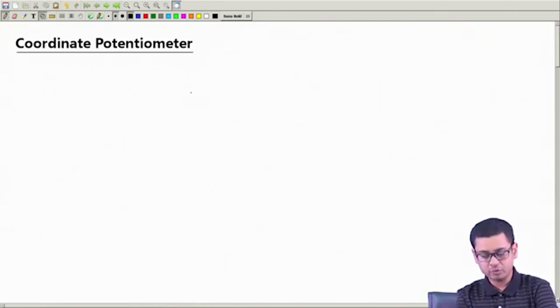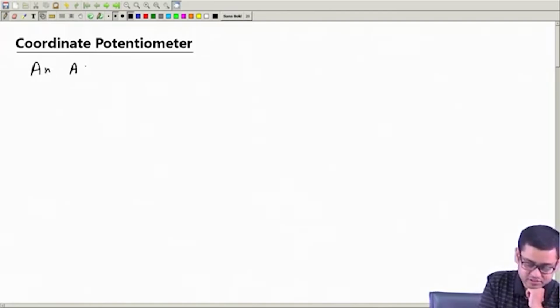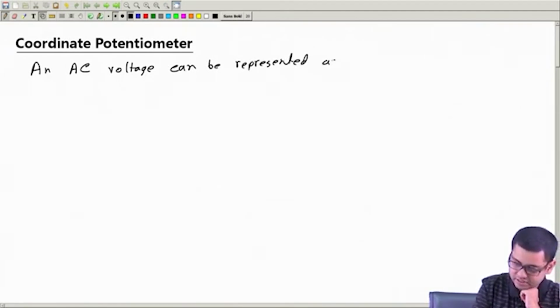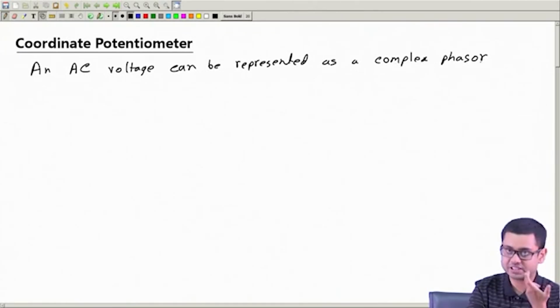Before we come to this, let me motivate you by saying that an AC voltage can be represented as a complex phasor, that you know, a complex number.